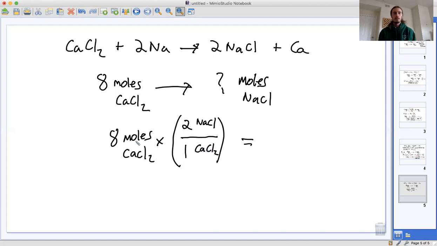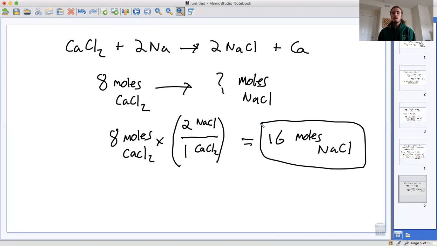And so we end up doing 8 times 2 over 1, and that's 16 moles of NaCl. All right, so we did this problem 2 different ways, and in both cases we get 16 moles of sodium chloride. Okay.